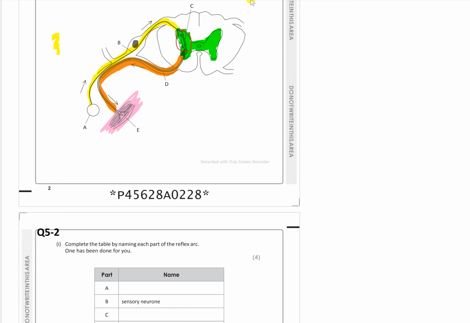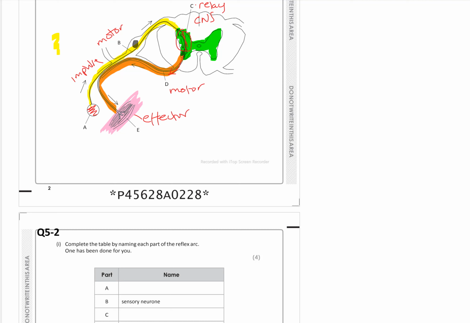They want us to complete the reflex arc. So the reflex arc is like this. You detect something, for example you've touched a hot pan. The impulse travels up the sensory neuron into the central nervous system, the green bit, through the relay neuron, and then out to the motor neuron, to the effector.